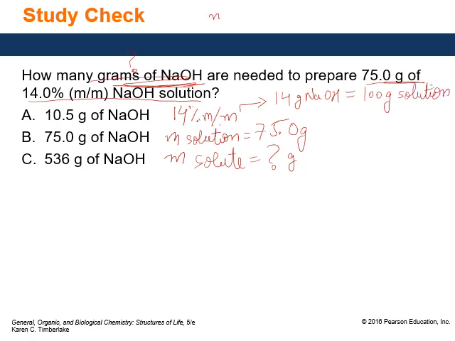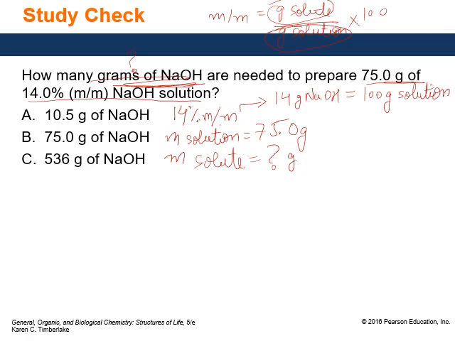Mass over mass, remember, is grams of solute over grams of solution, times 100. So in this case, if it is 14%, it means this is 14 grams and this is 100 grams. That's what I wrote here.